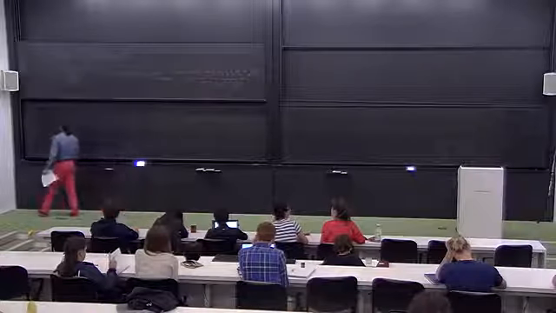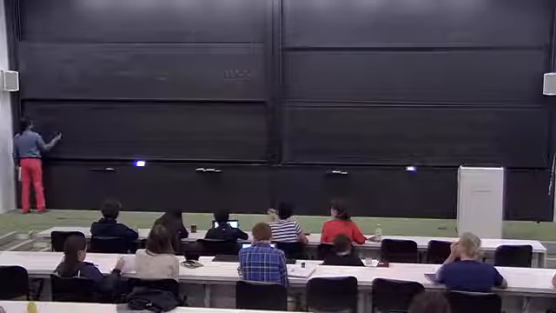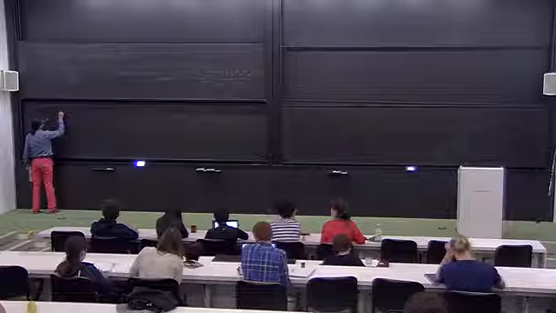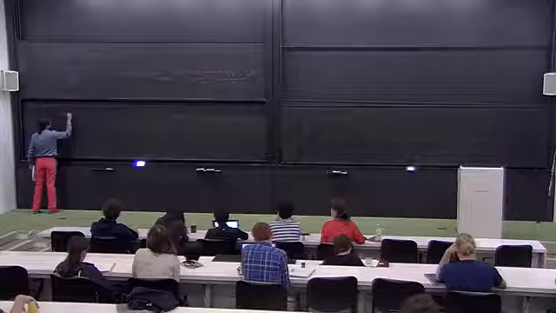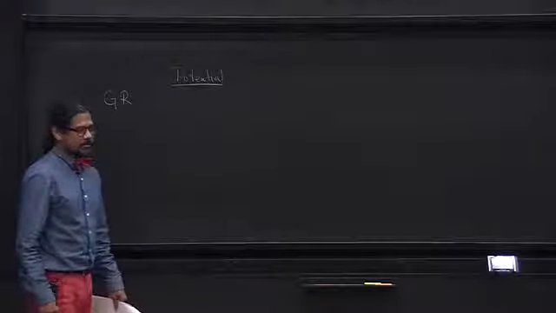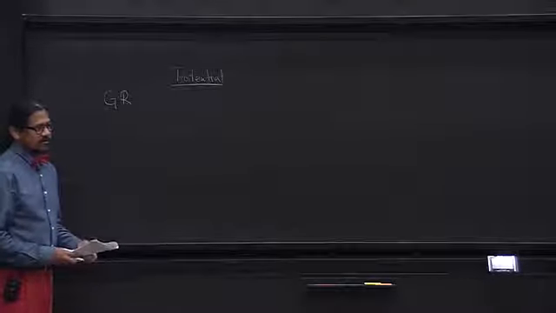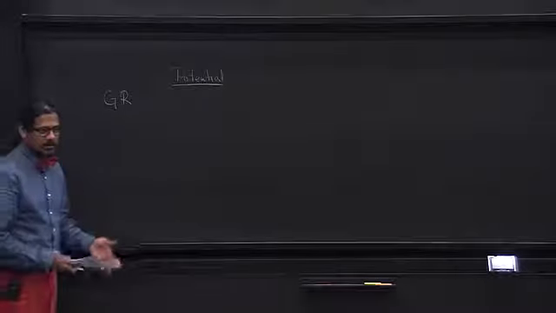So I ended with some kind of a chart where I said, well, GR has some Christoffel symbol, which I'm going to call a potential. Remember, in physics, potentials are not things that we really observe. Experiments observe kind of forces or field strengths or curvature.